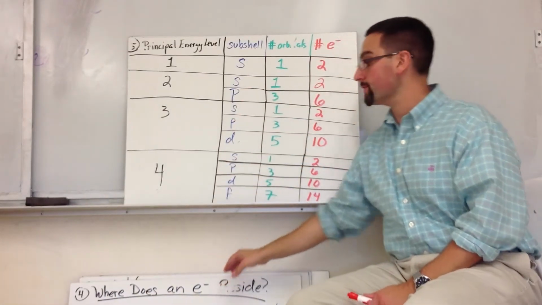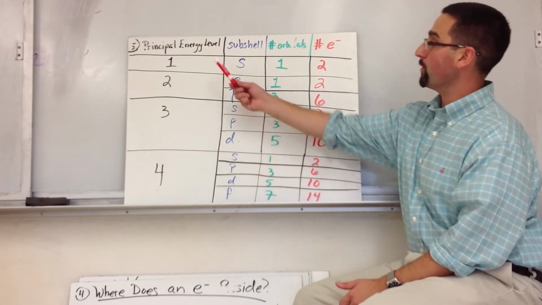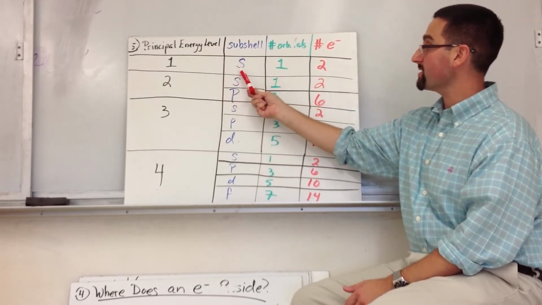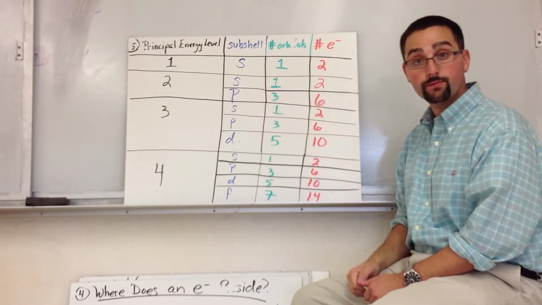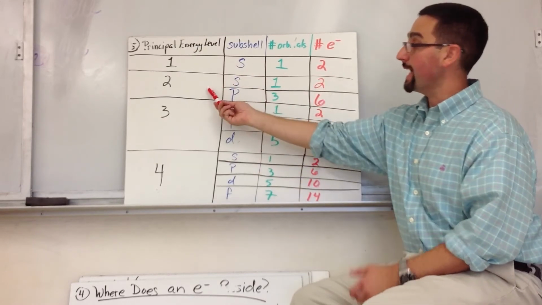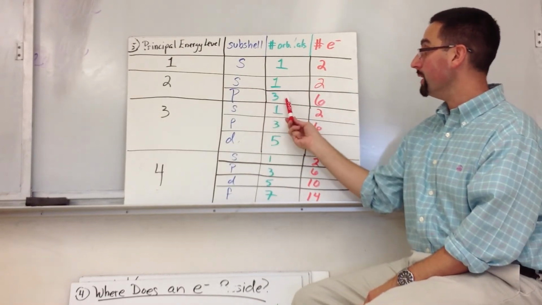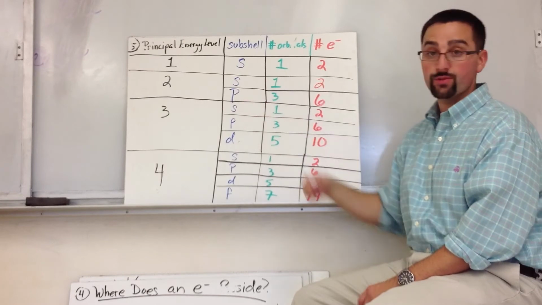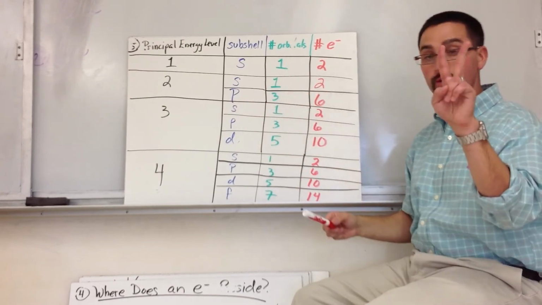Another way you could look at this is a diagram. The first shell has an S subshell, there's only one of those, and it can hold 2 electrons. The second energy level has 1 S subshell and 3 P subshells, and each orbital can hold 2 electrons.